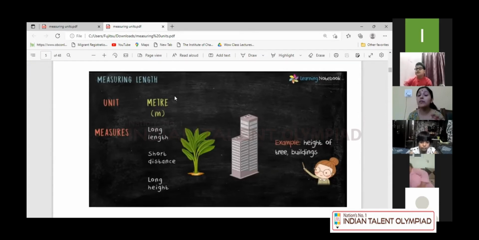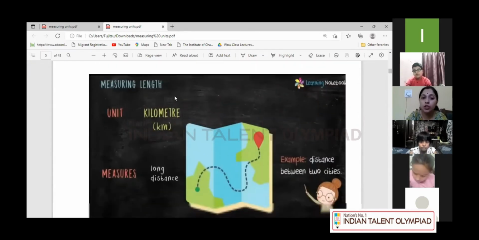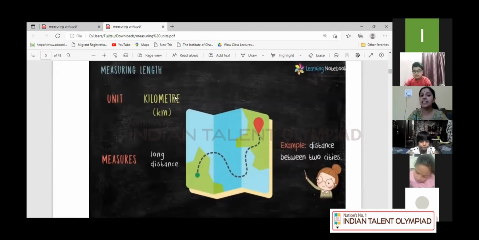So this is measuring in kilometer. We use kilometer when we go from one place to another for a long distance. Suppose you're going from Delhi to Rajasthan. You will say how many kilometers it was, what is the distance?